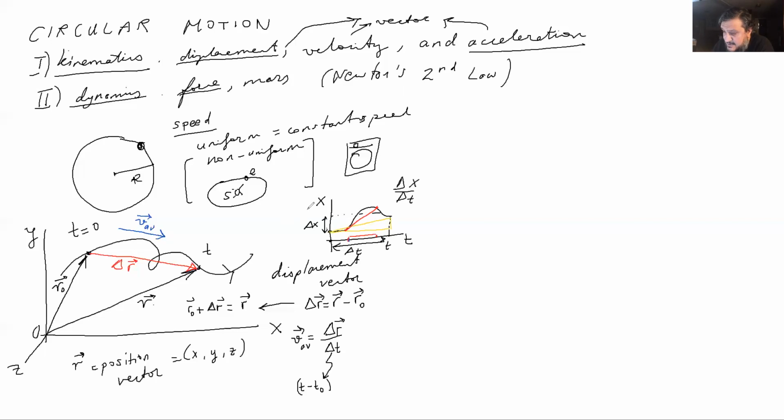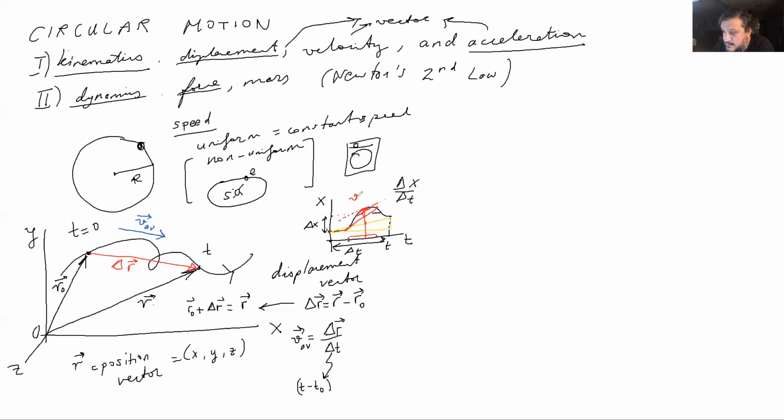So keep doing that, consider smaller and smaller time intervals. You will get different lines like this, but then at one point you won't be able to do this anymore. You run out of space. So what you will end up with is the slope of this tangent line right there. The slope of that tangent to the position time curve at that time t is the instantaneous velocity.